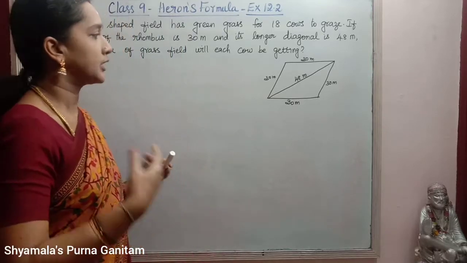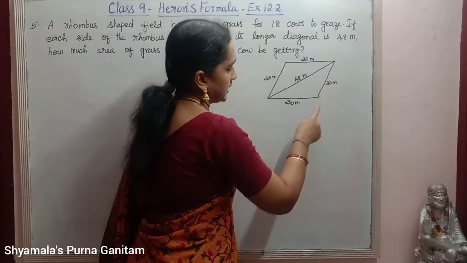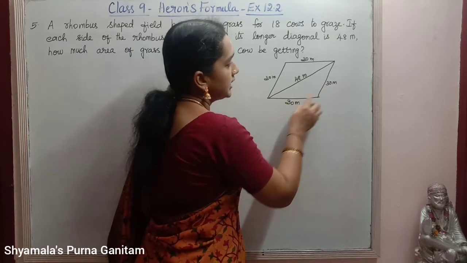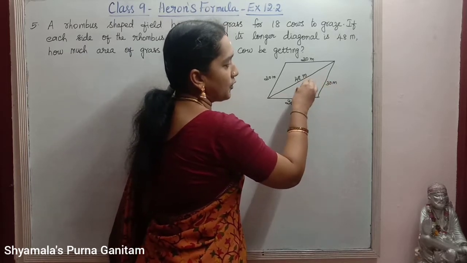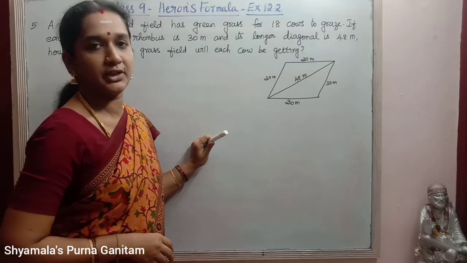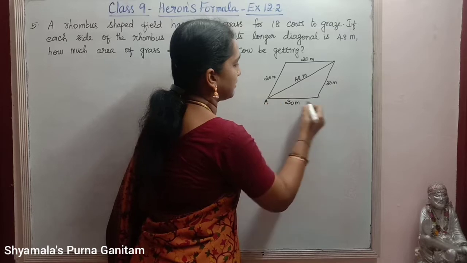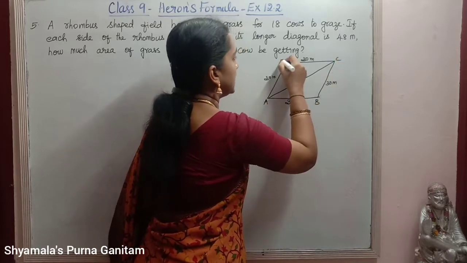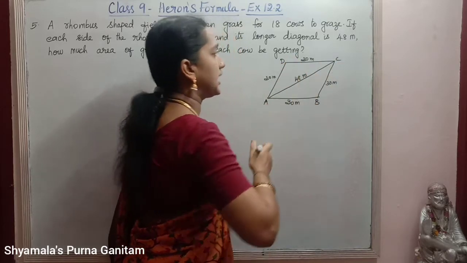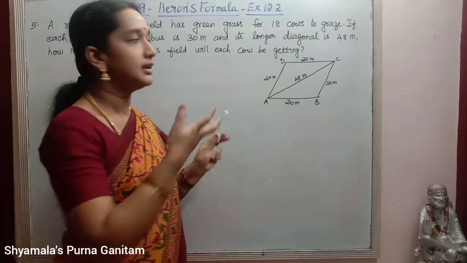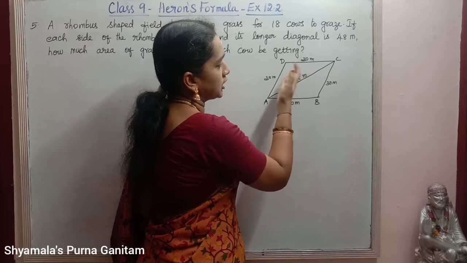When we see this, it is a rhombus. If we take this as ABCD, ABC and ADC are congruent figures. It is very clearly shown that both are congruent.